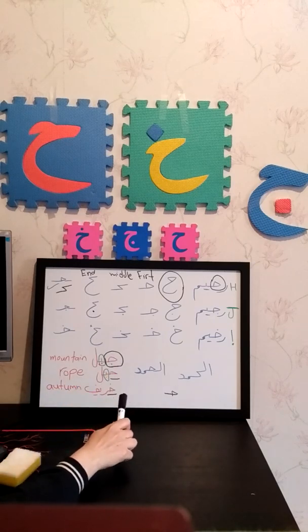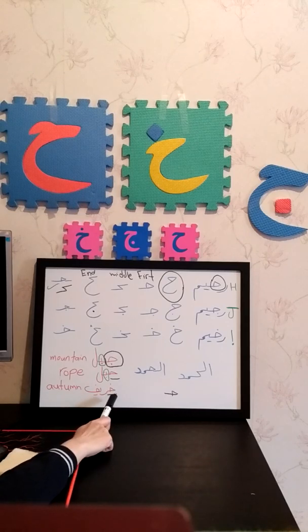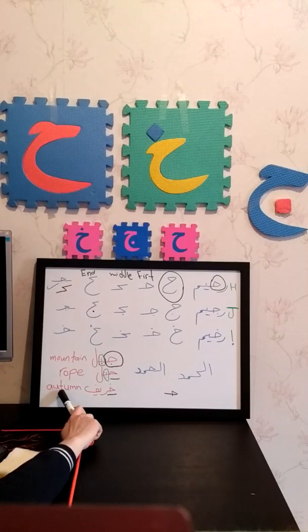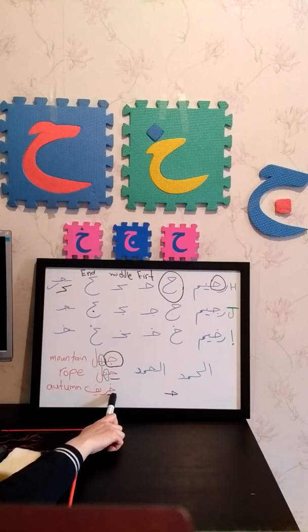Now the third example is a word which begins with the letter kha, which is new and difficult for English speakers. We pronounce it like kharif. It means autumn.